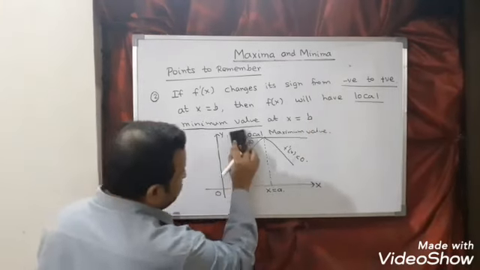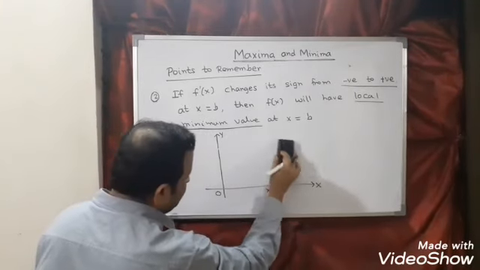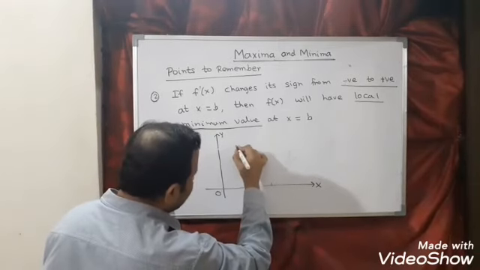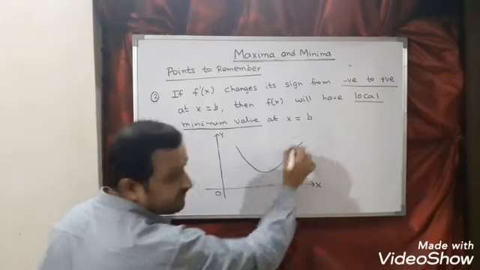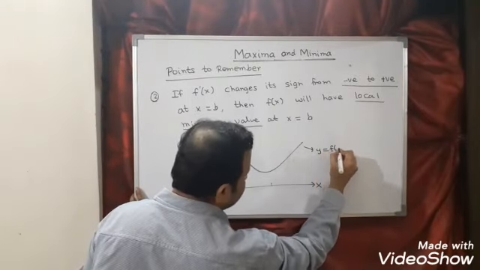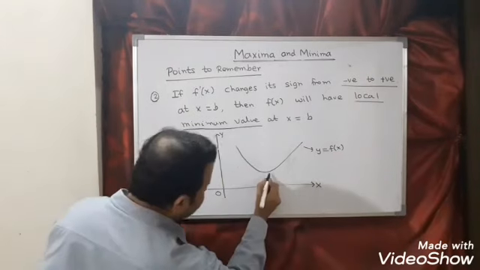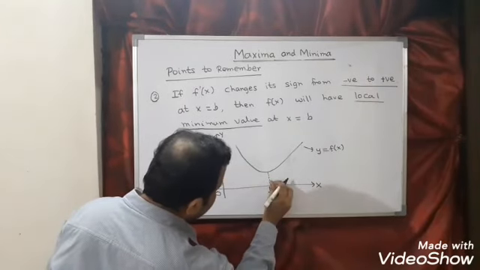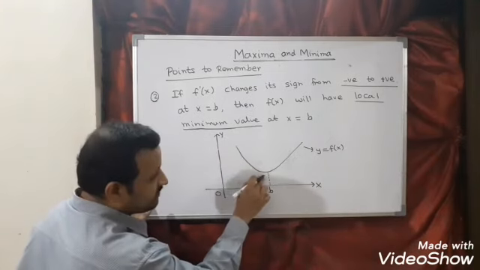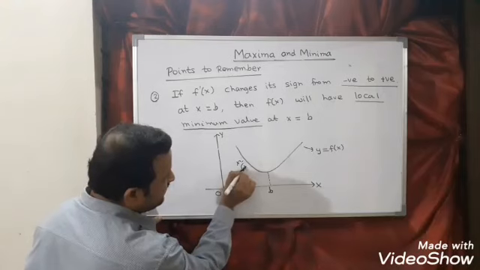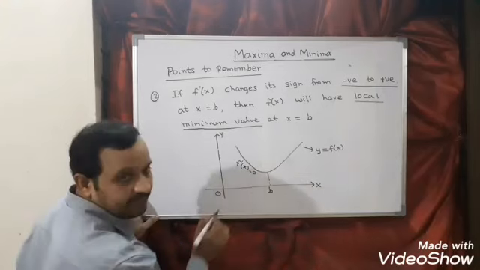So what is the meaning of this? Look here. This is the x-axis, this is the y-axis. Suppose the figure is like this. So this is nothing but y is equal to f of x, right? We can take this point to be b. Now tell me here, before b it is decreasing. So decreasing I can say f dash x less than 0.